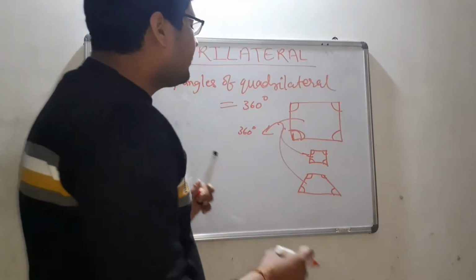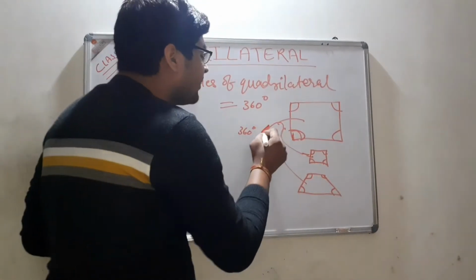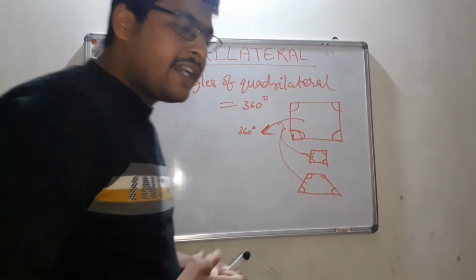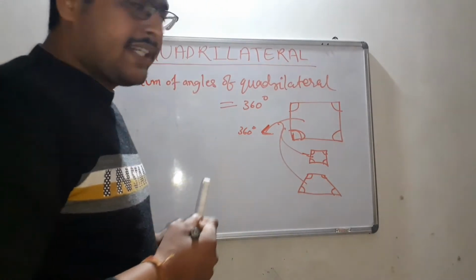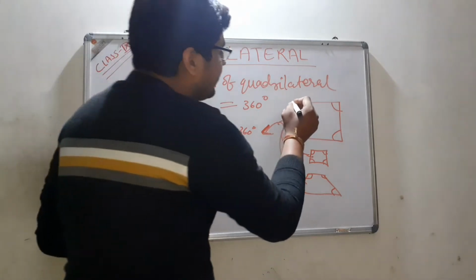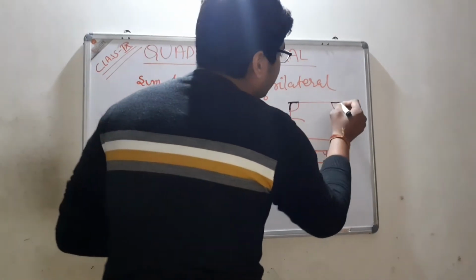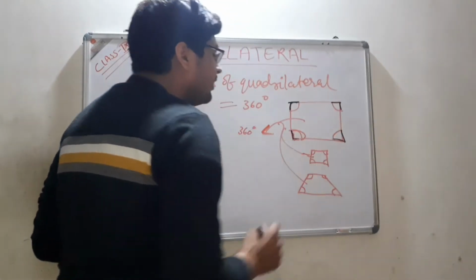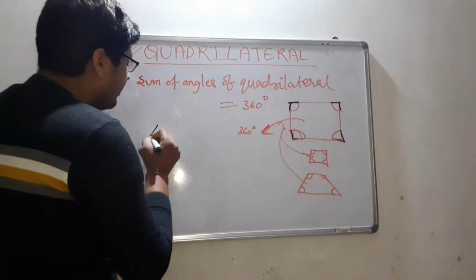Okay, we can verify it using different kinds of methods. First of all, which is a very easy one, take a protractor and measure each of the angles.